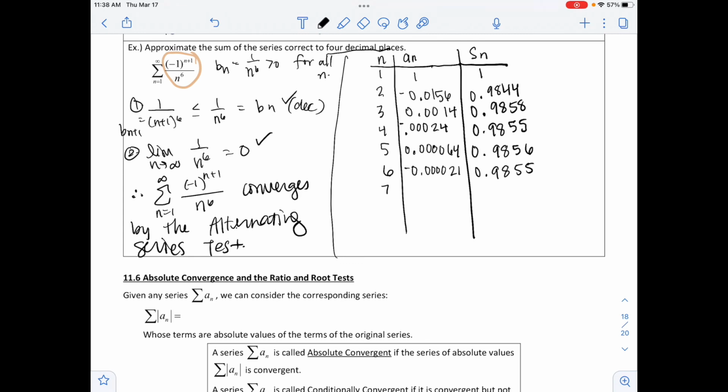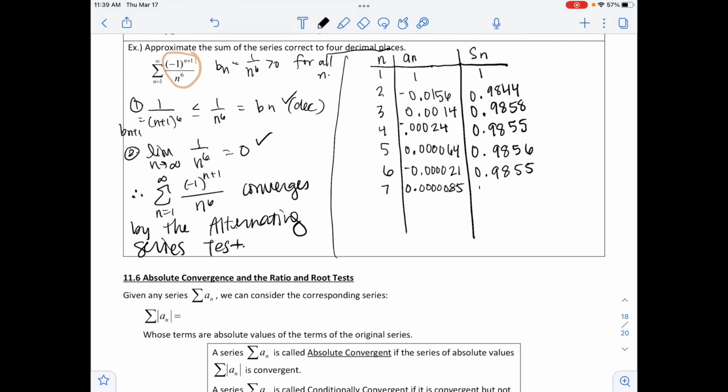And so we have the 7th term, and for this we get 0.000085, and then our sum of these terms would be 0.9856.